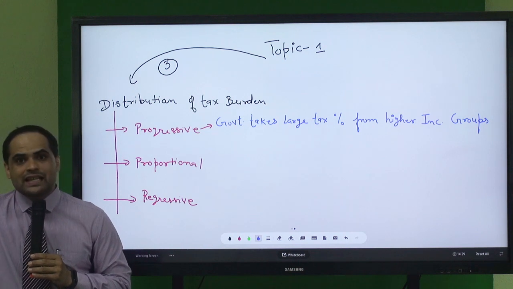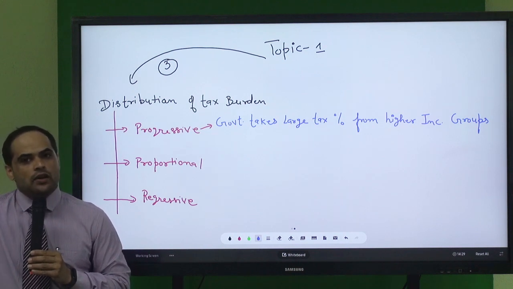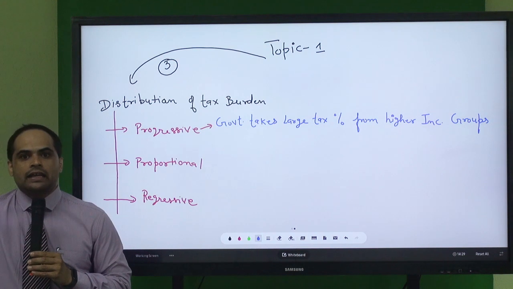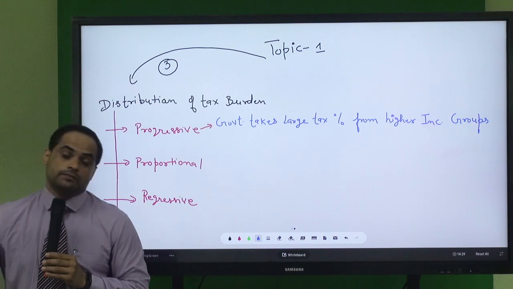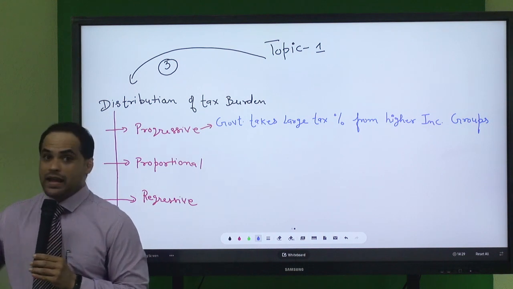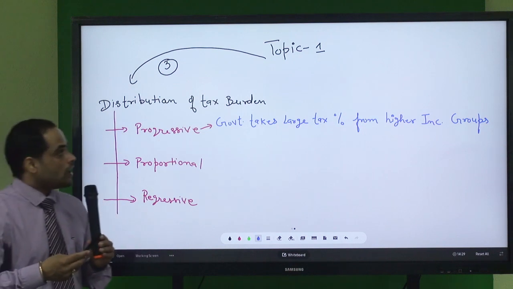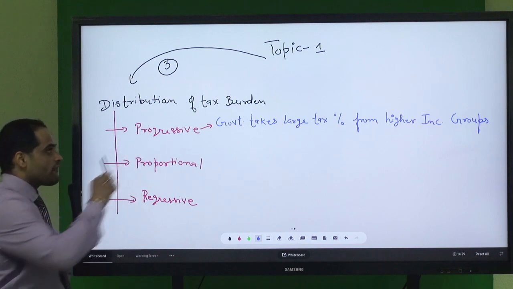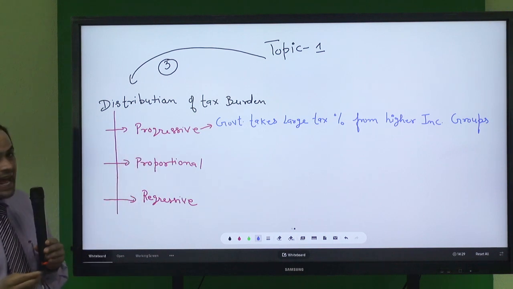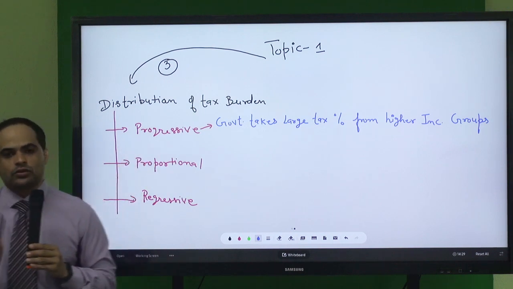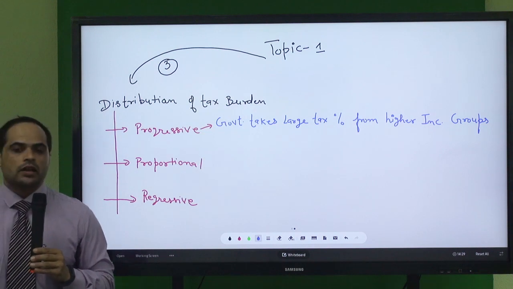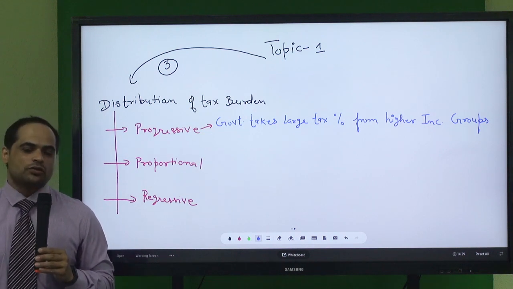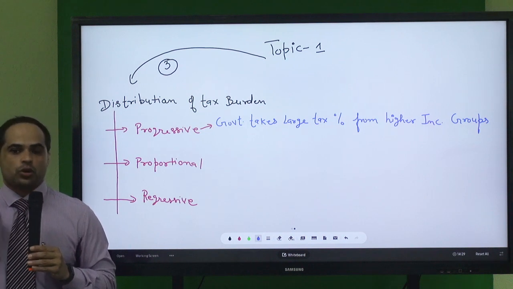Alright, so there are different tax rates for the high income group people. Under the progressive tax system, people pay tax to the government on the basis of the threshold.